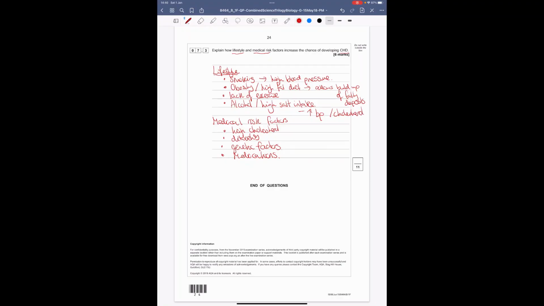Because you've got all of those things together, that can increase the chance of you developing coronary heart disease. So if you include loads of those different factors and then you take a moment to explain each one and how it could increase the chance of developing coronary heart disease, that would get you the 6 marks.